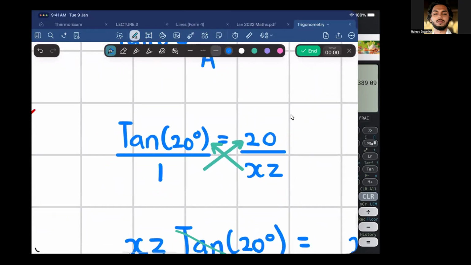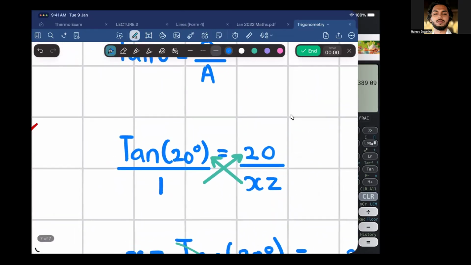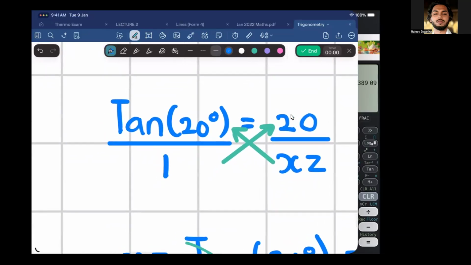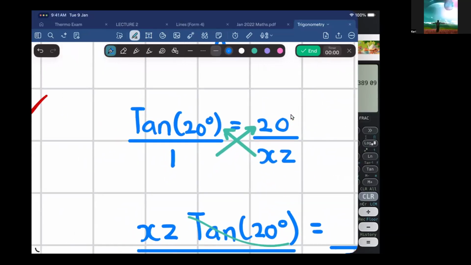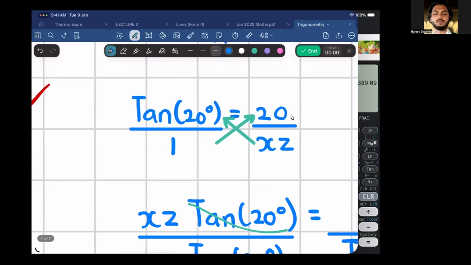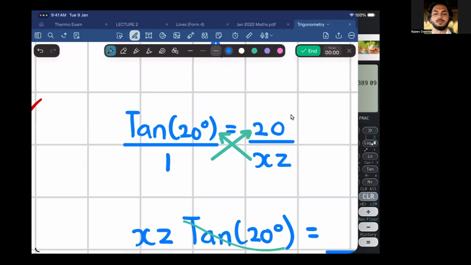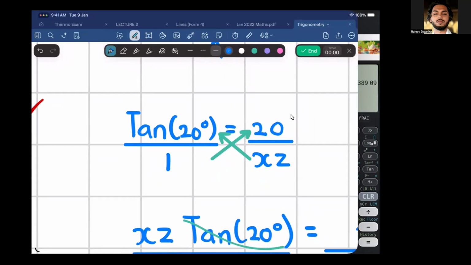In this step over here, when we substituted everything in, what is our unknown? The adjacent, right? And we said that the adjacent was xz. So watch. Tan 20 is a number, 20 is a number, 1 is a number. We know all of that. The only unknown here is xz. Anytime you want to cross multiply, you multiply diagonally.